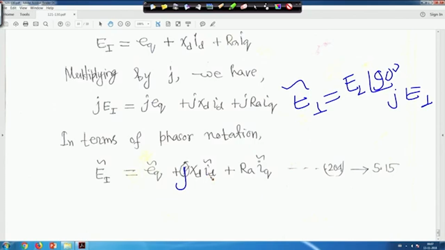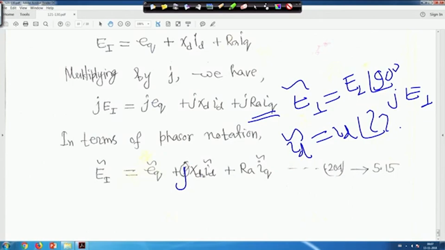So, I d tilde will be equal to I d at angle 0 if you take the d axis as the reference. But this j should be there from the phasor notation. I q is also along the q axis, so it is j I q, that is I q at angle 90 degrees.